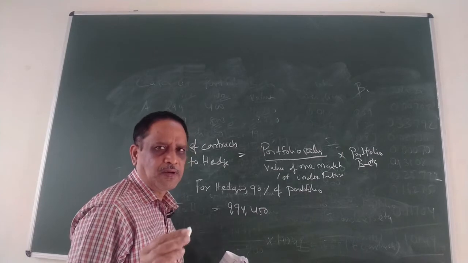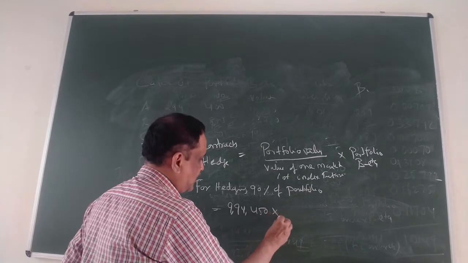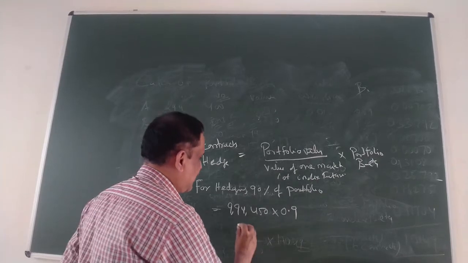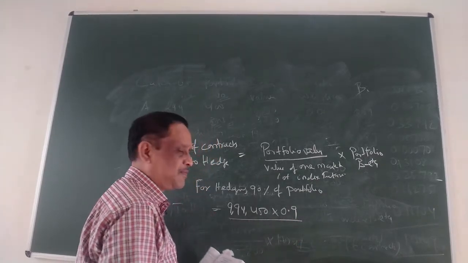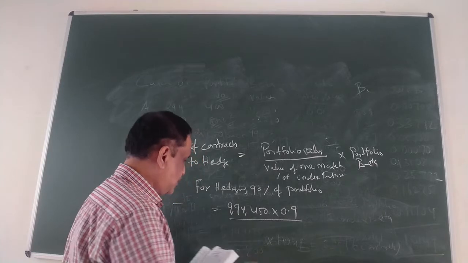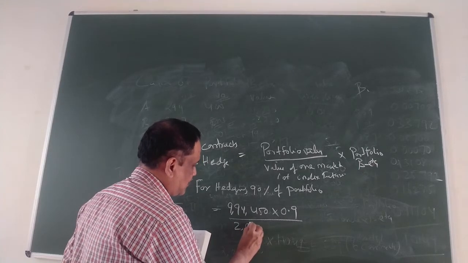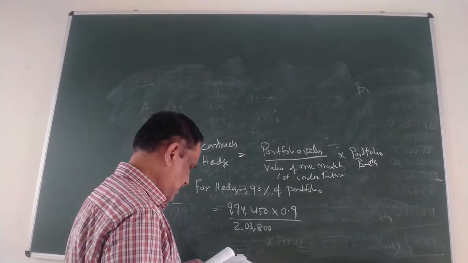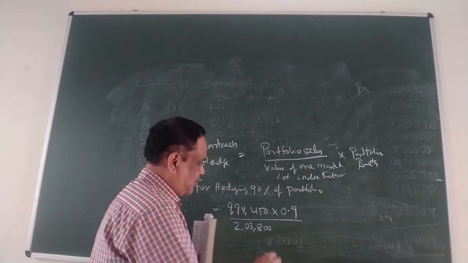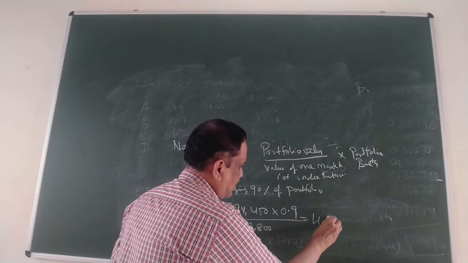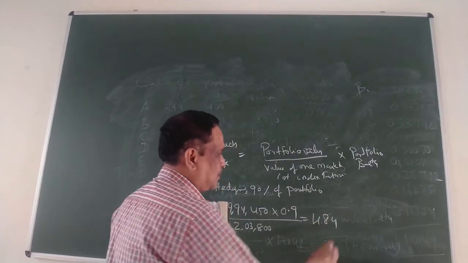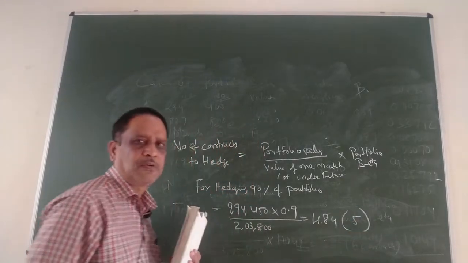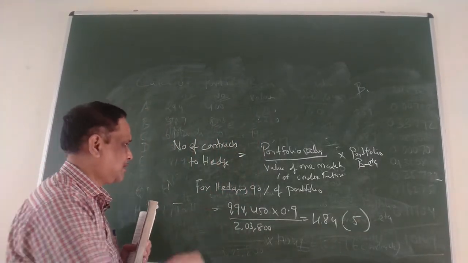As we are going to hedge only 90%, you multiply that by 0.9. 0.9 is 90 by 100. And similarly, as we have done earlier, divide by 2,03,800. So we will be getting 4.84. So round it off to 5 contracts.